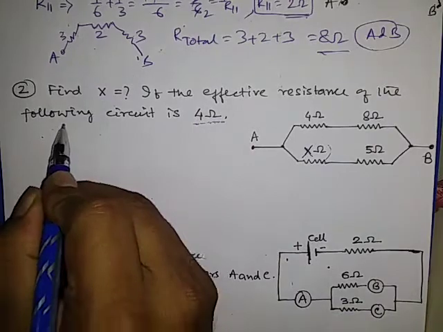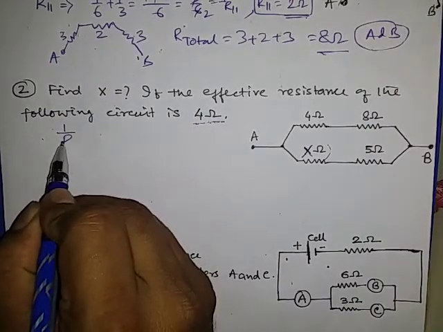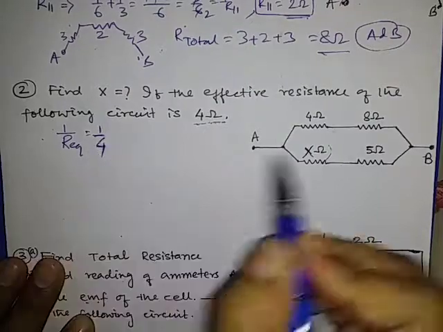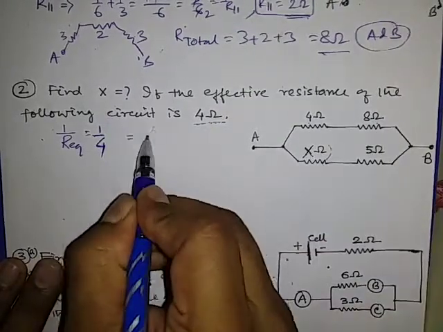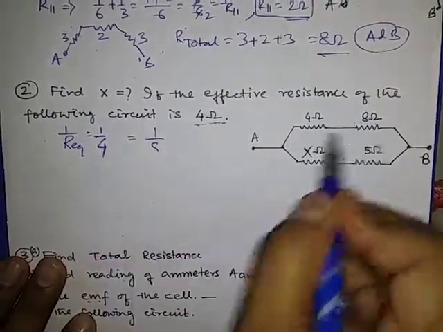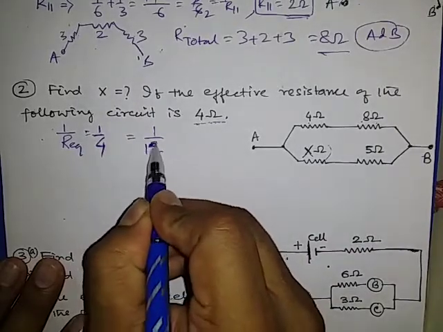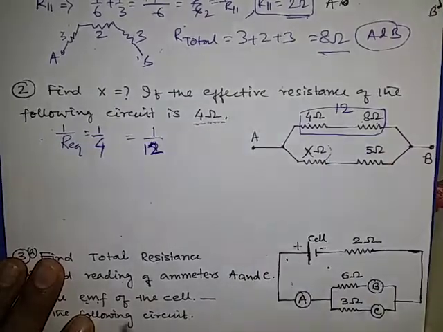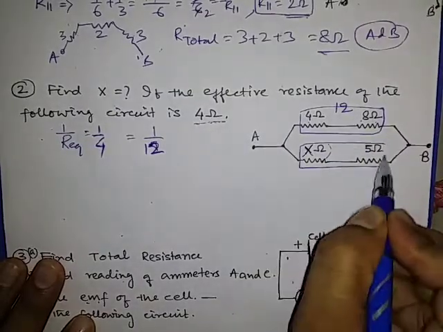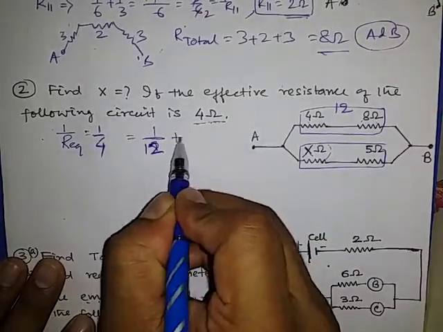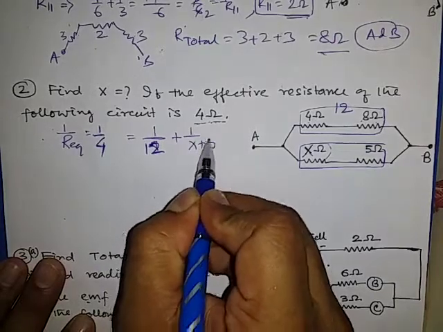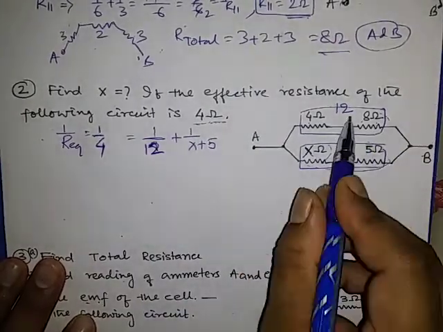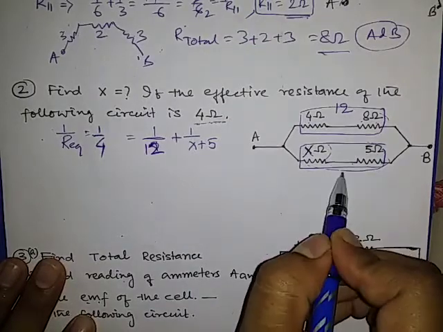So the original answer, R equivalent, equals 4, so 1 by 4. Now 4 plus 8 means a series connection, it means 12, and X plus 5 is also in series, so you can add 1 by X plus 5, and this 12 and X plus 5 are connected in parallel.